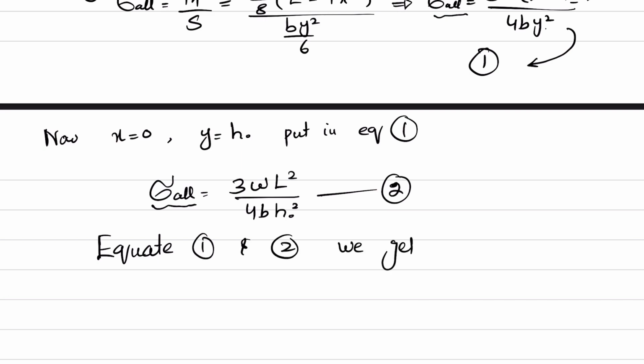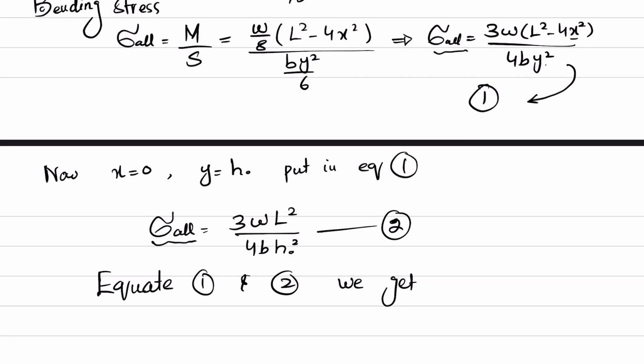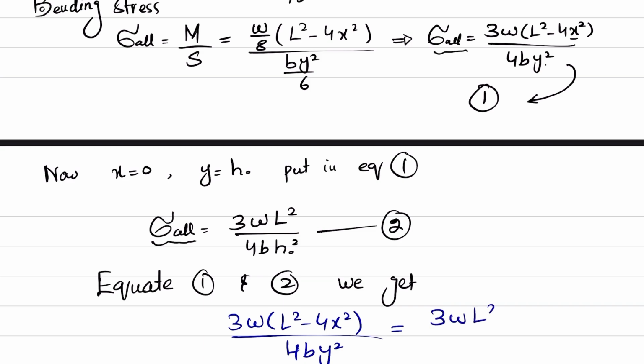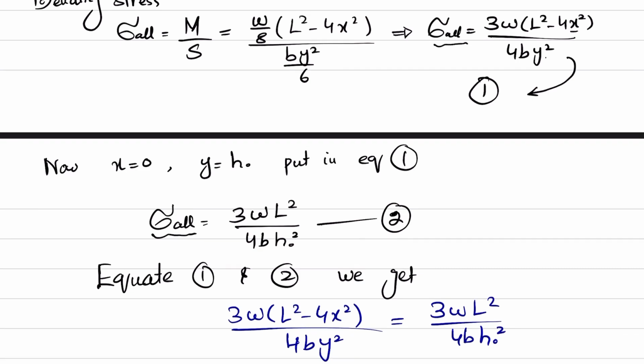We equate 3w into l square minus 4x square divided by 4 b y square is equal to 3w l square over 4 b h naught square.